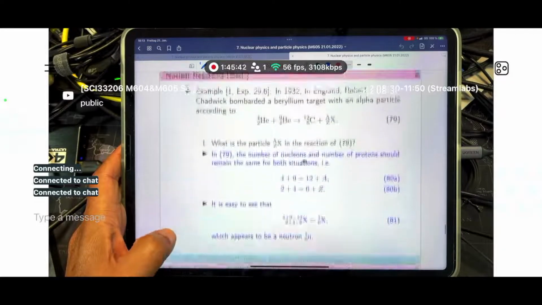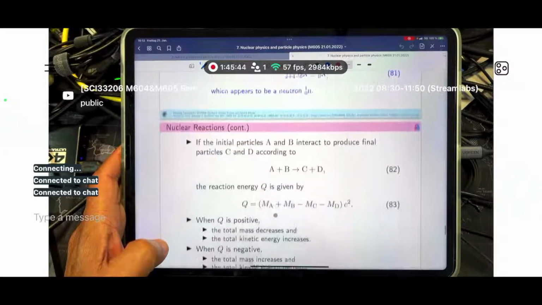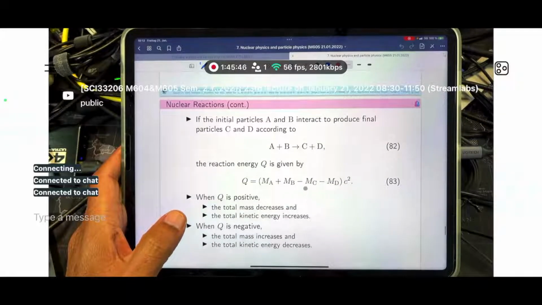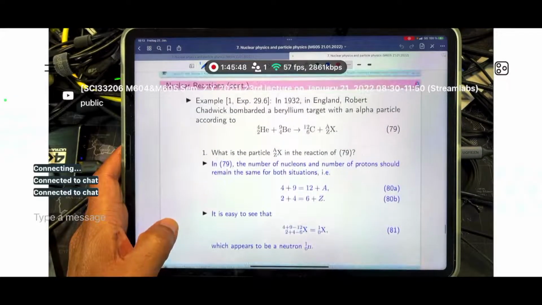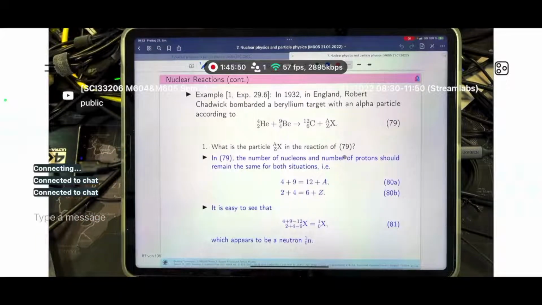Here, before we go ahead with the nuclear reaction energy computation, we will consider a little bit of basics: how to balance the equation in a nuclear reaction process. Okay, let's do that.